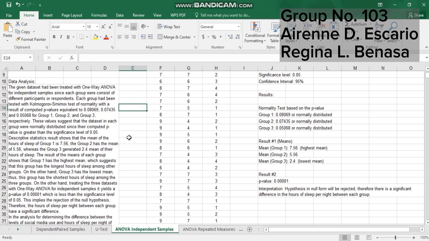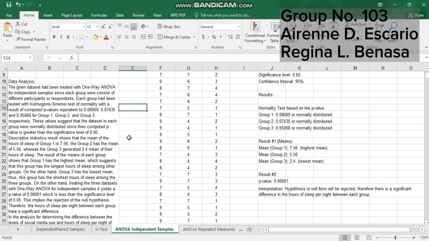The results show that Group 1 has the highest mean, which suggests that this group has the longest hours of sleep among other groups. On the other hand, Group 3 has the lowest mean. Thus, this group has the shortest hours of sleep among the 3 groups.